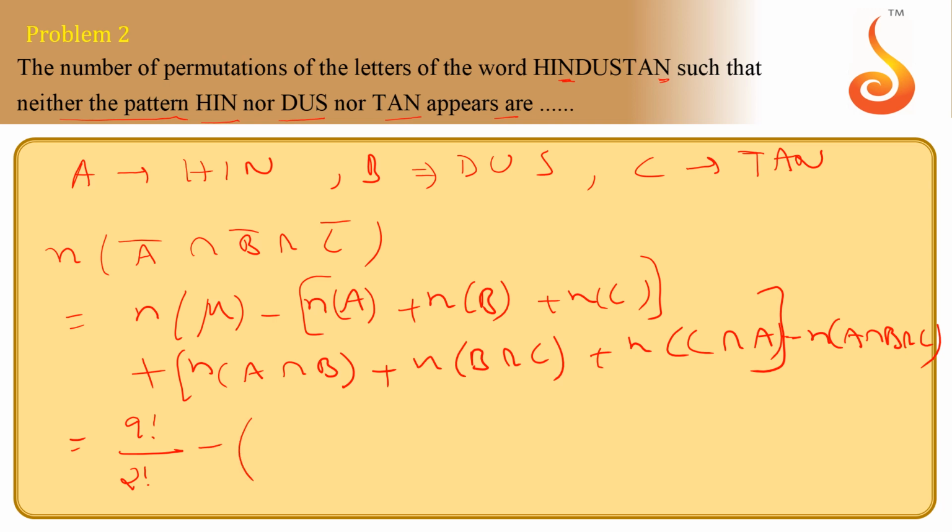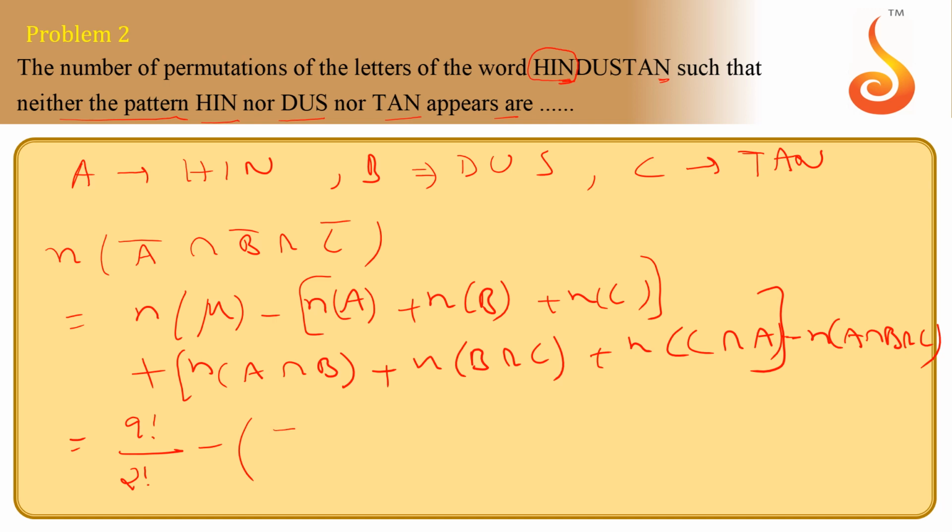Now minus n of A. n of A means what? Total number of permutations in which HIN should occur together. HIN if you treat as one unit now, HIN 1 unit, so 1, 2, 3, 4, 5, 6, 7. There are 7 units now.